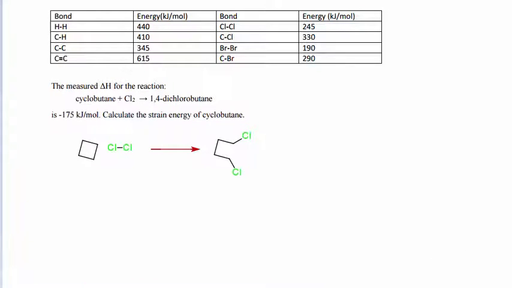At this point, identify the bonds that are broken and the bonds that are formed. So we don't see the Cl-Cl bond in the product, so we know that the Cl-Cl bond must have been broken. And we see very clearly that this ring was opened, so this carbon-carbon bond must have been broken.